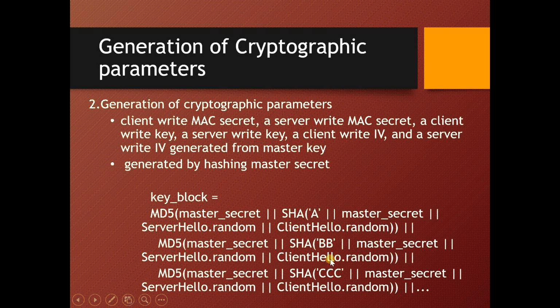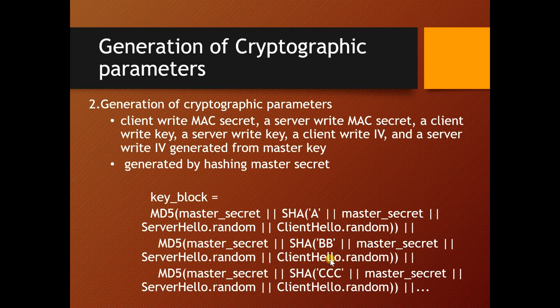It's not just almost, it's exactly the same, except that the names are different. There it is specified as the master secret, here it is specified as the key block.